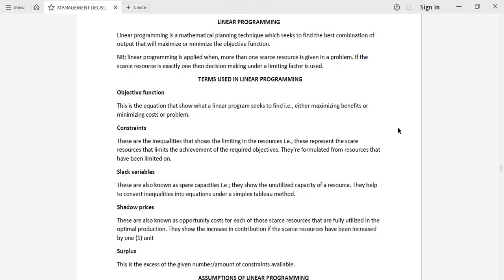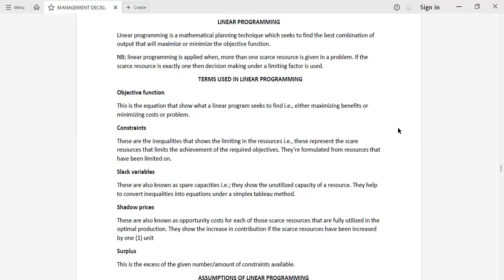The fourth aspect is the shadow price. The shadow price is also called the opportunity cost for each of the scarce resources that are fully utilized in the optimal production. It shows the increase in the contribution if the scarce resource is increased by 1 unit.